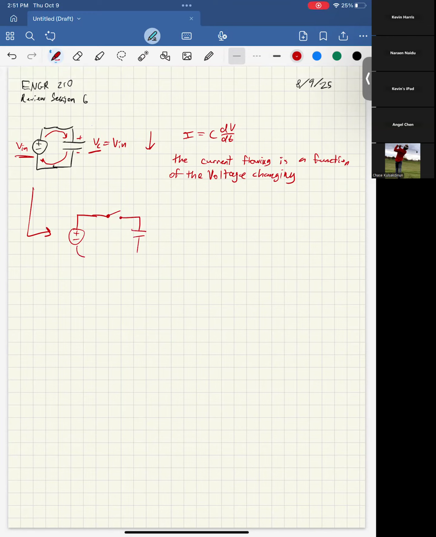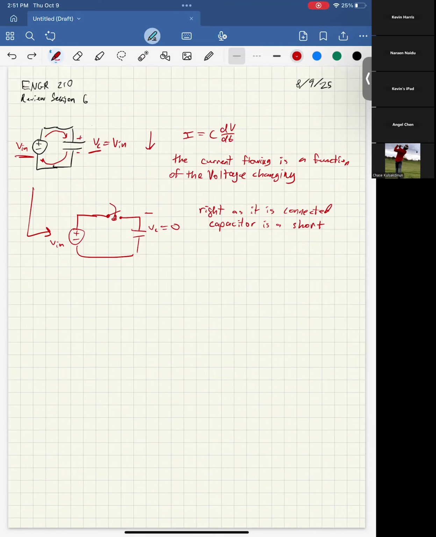And let's say this starts with a VC of 0 volts, and this is V in, and then we connect the switch. What'll happen is right as it is connected, we can think of the capacitor as a short circuit. So it's going to let as much current as it wants flow through. And that's because the dV/dt is basically infinite at that point.